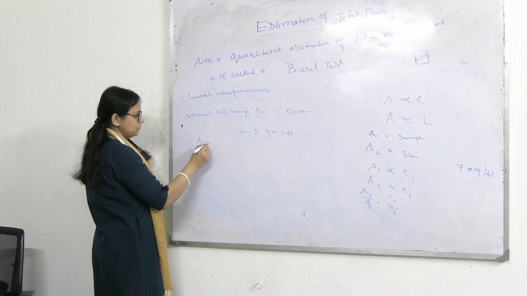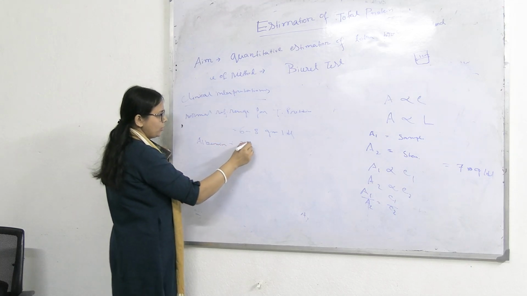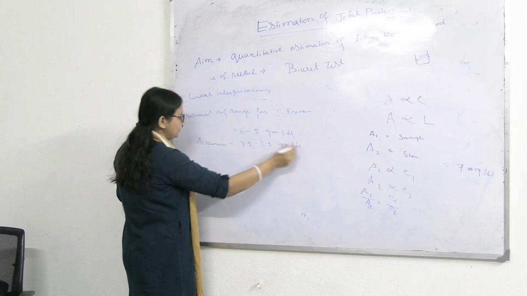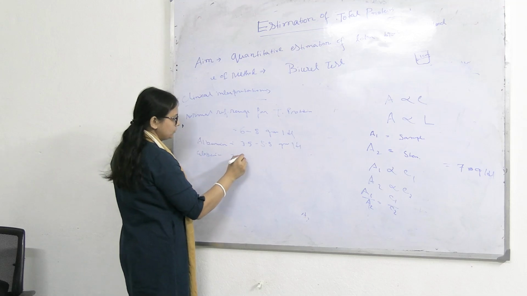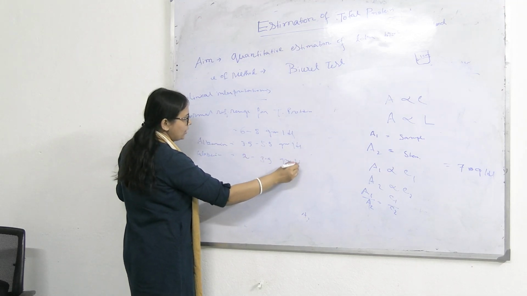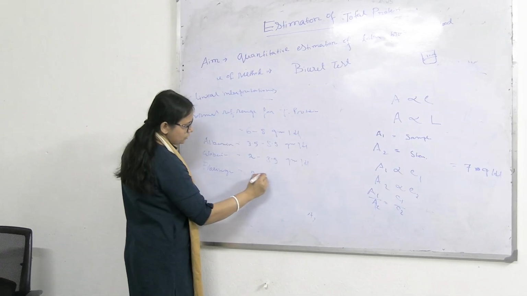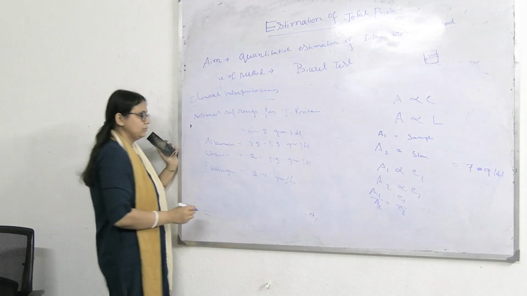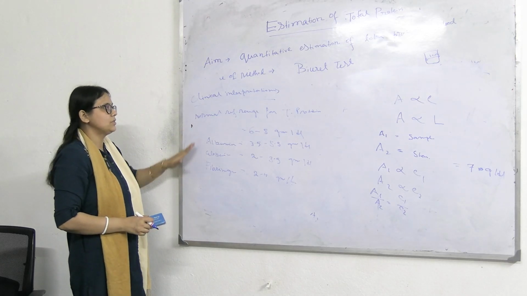Albumin 3.5 to 5.5 gram per dl. Globulin আর একটু কম, 2 to 3.5 gram per dl. Fibrinogen আরো কম, 2 to 4 gram per liter. Okay, very little amount, 2 to 4 gram per liter. So these are the normal reference ranges of protein.